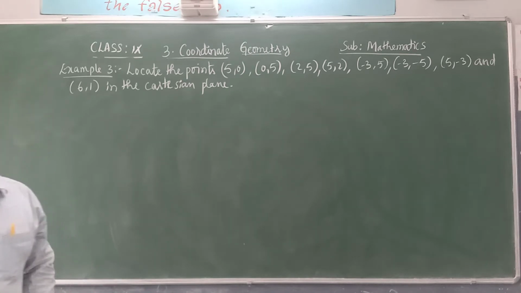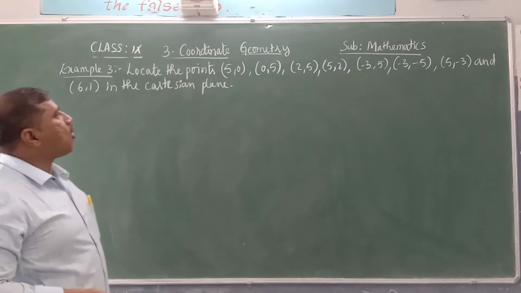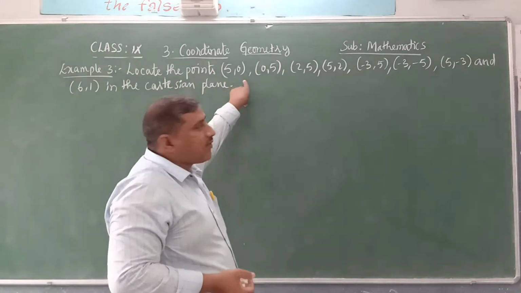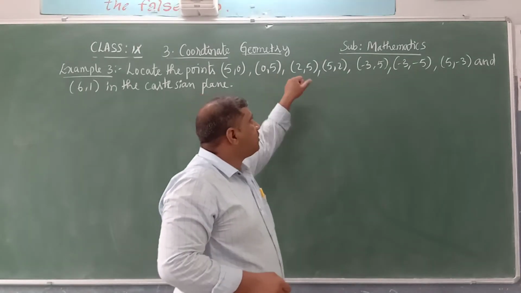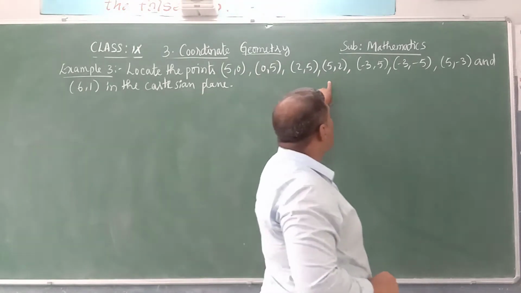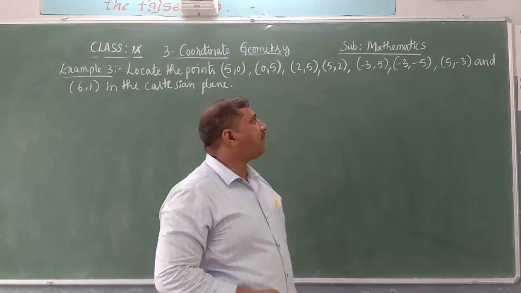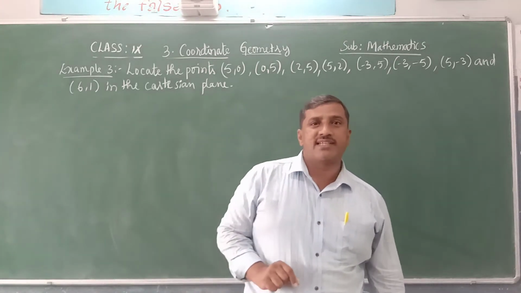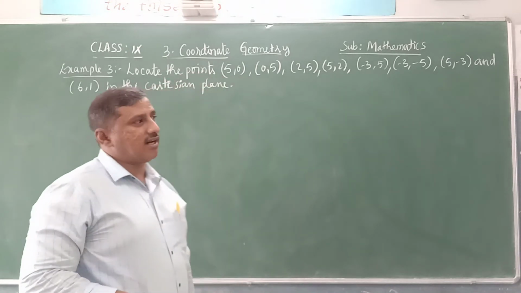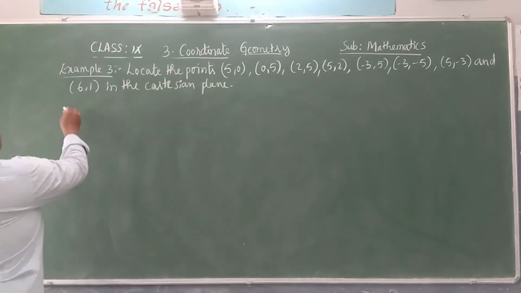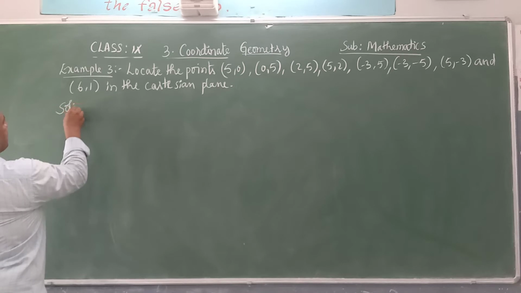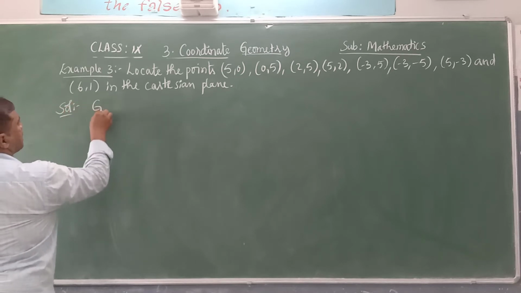Now discuss example 3. Locate the points (5, 0), (0, 5), (2, 5), (5, 2), (-3, 5), (-3, -5), (5, -3), and (6, 1) in the Cartesian plane. We have to locate these points. What are the points?